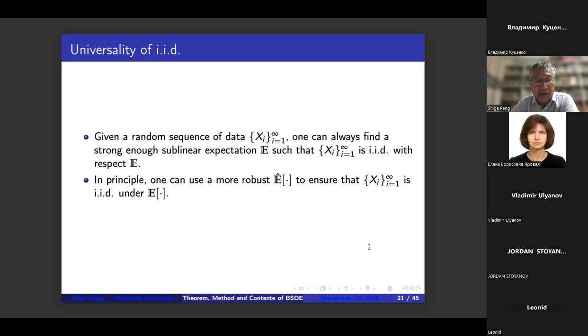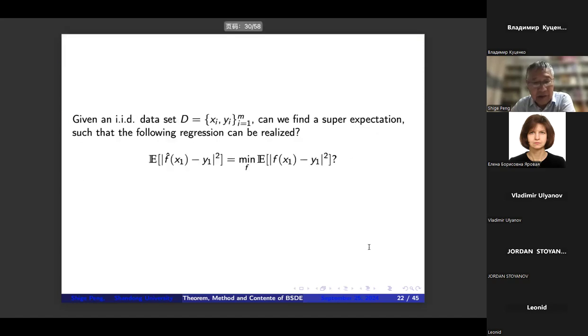That means if we are in the sublinear expectation, the IID assumption can be very near, and this explains the robustness.